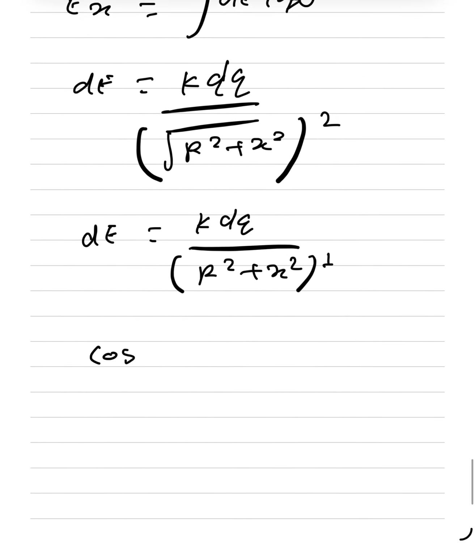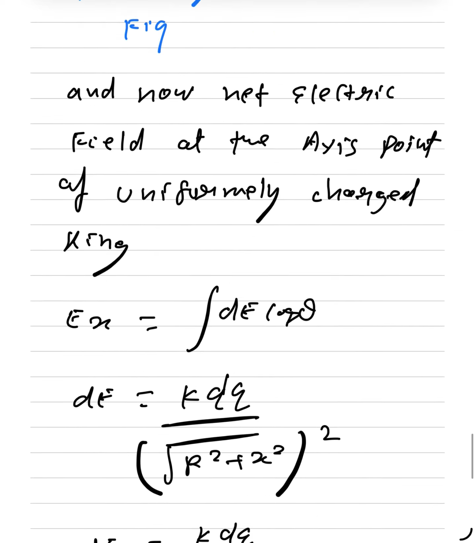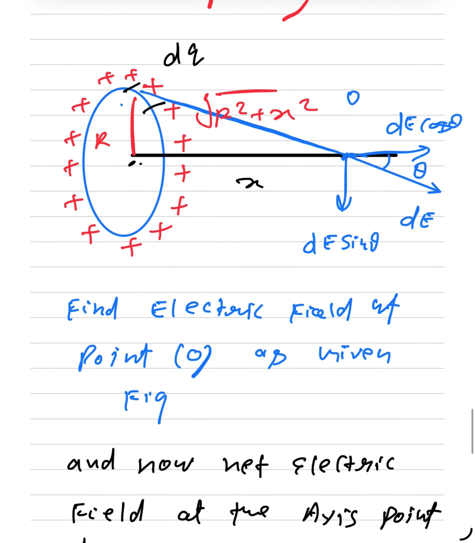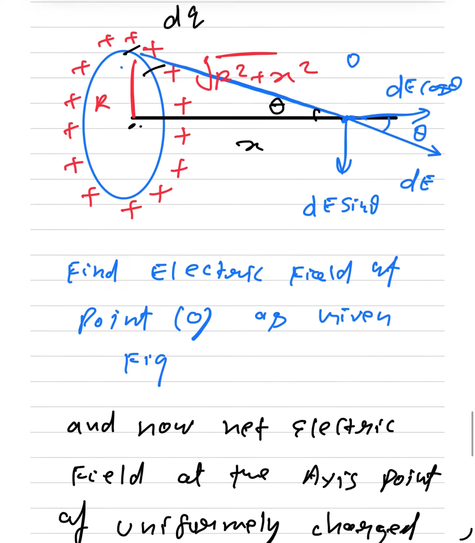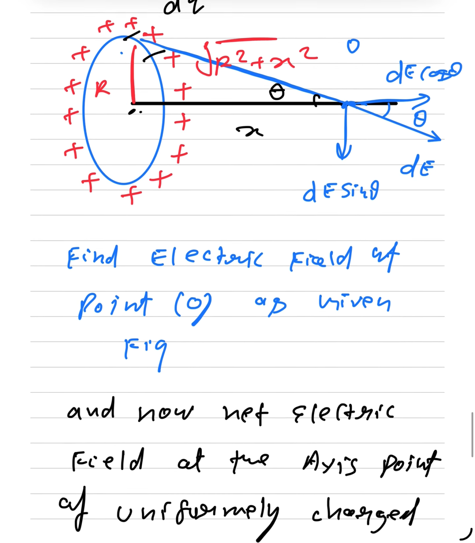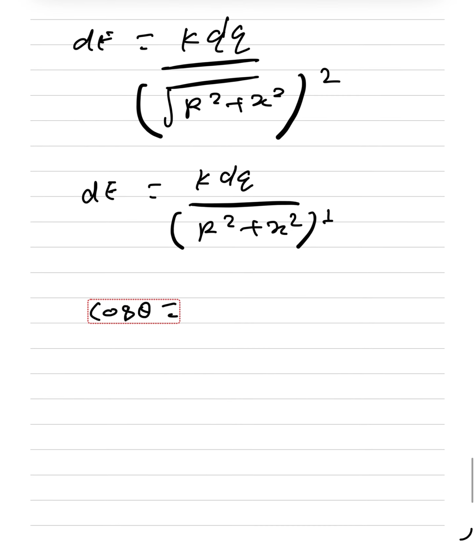The value of cos theta from this right angle triangle, this is angle theta, and here using the Pythagoras theorem and trigonometric functions, cos equals base divided by hypotenuse, base meaning x divided by hypotenuse, r square plus x square whole power 1 by 2.